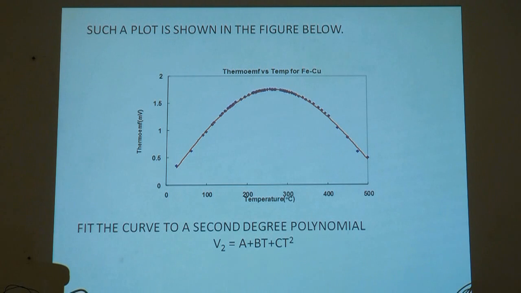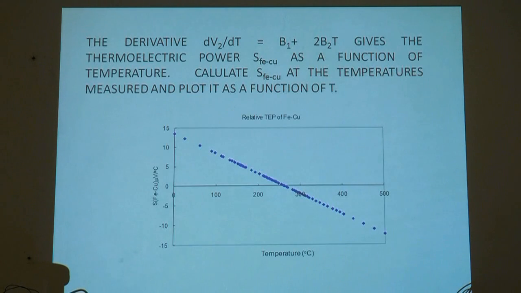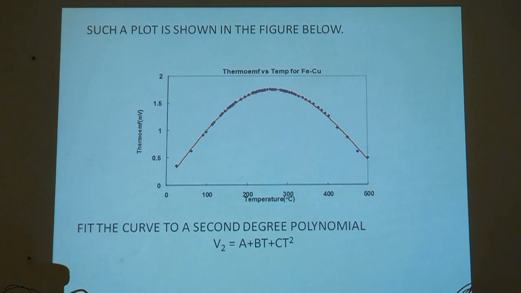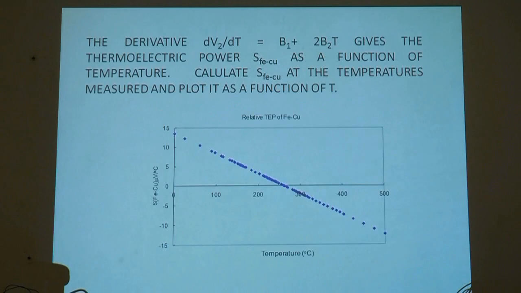You differentiate this equation, find dV2 by dT, that is B plus 2CT.